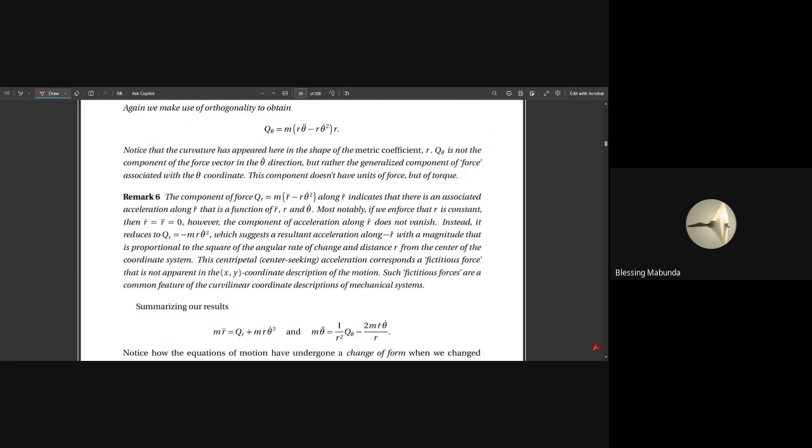And Q theta is not the component. So meaning that we take distance and multiply that by length to get the same units.